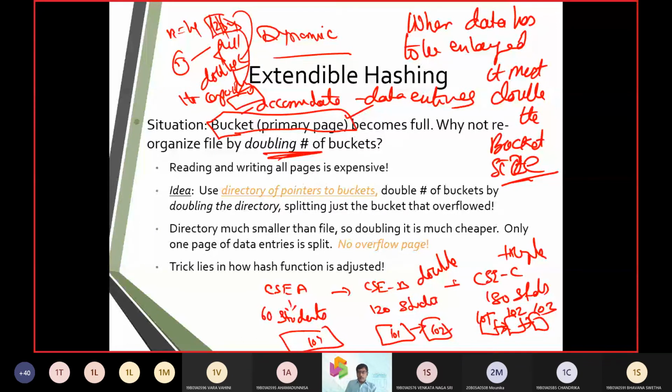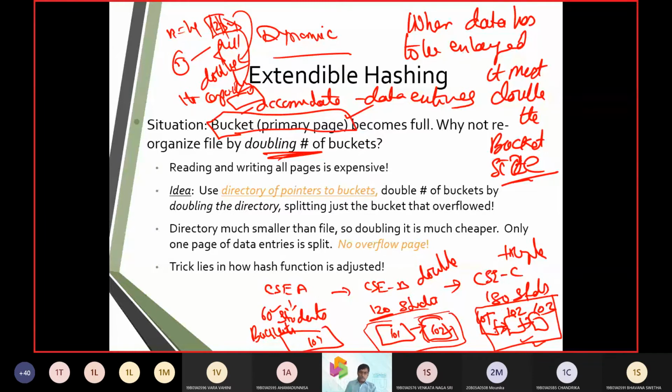What are we showing here? Initially the bucket size was only for 60 students. One section increased, so I can bring one more room, one more bucket, and label it CSE A, CSE B. Now the size is for 120 students. Then I take an intake of 180 students, and I give 3 rooms for them.